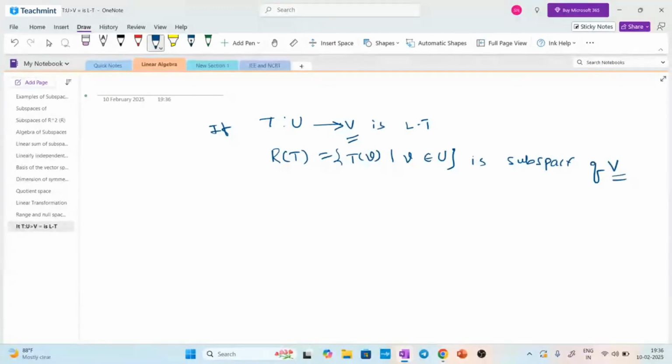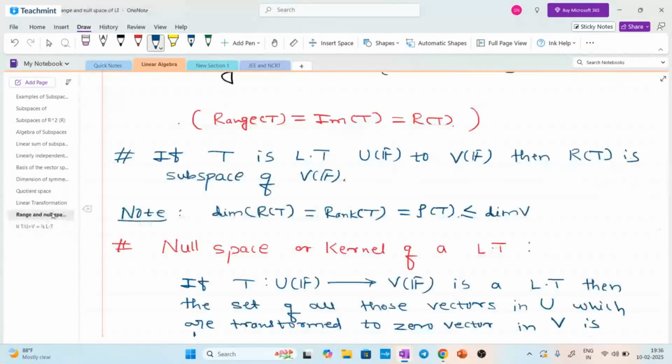The range of T is always a subspace of the codomain vector space.